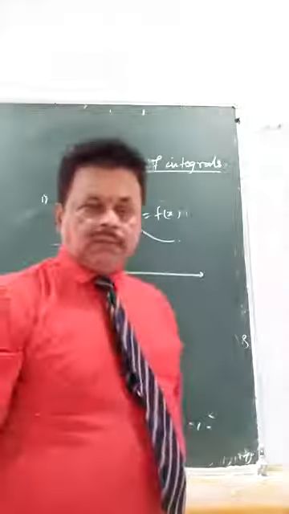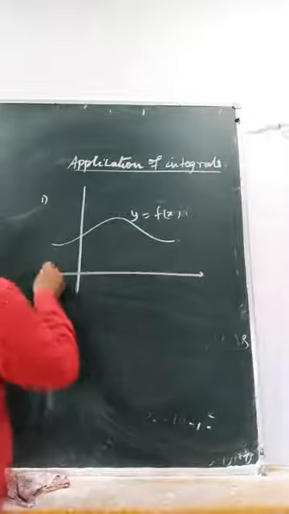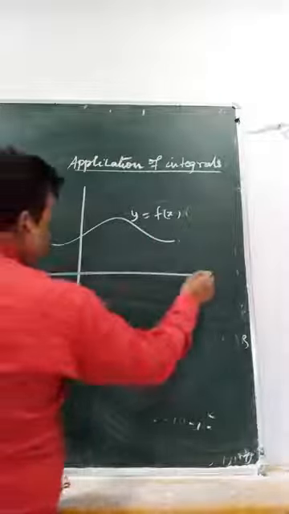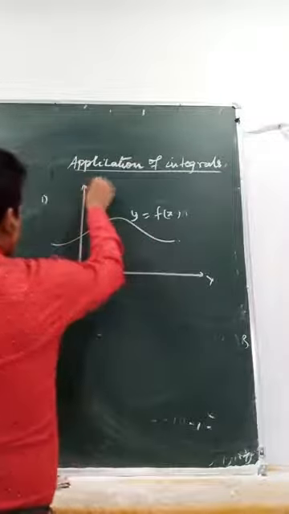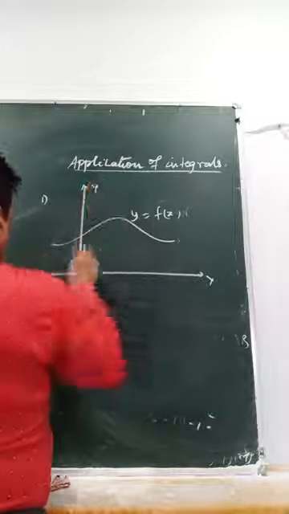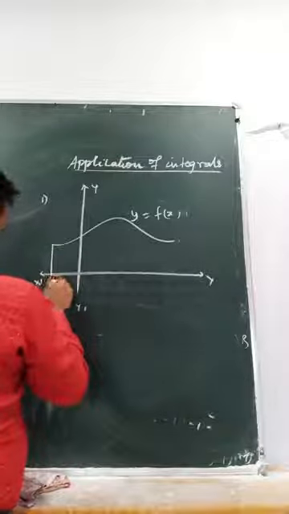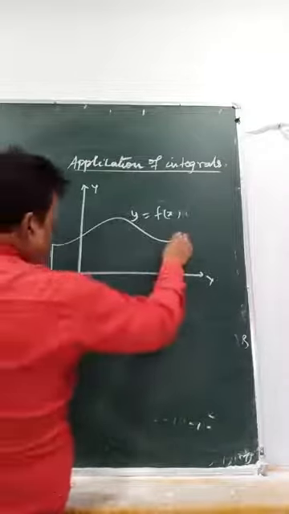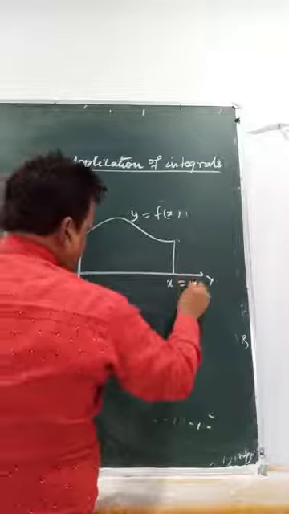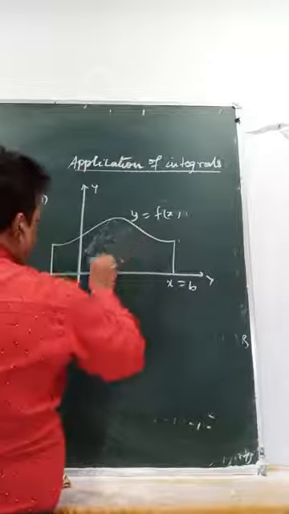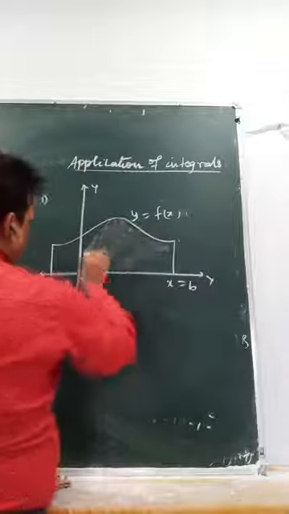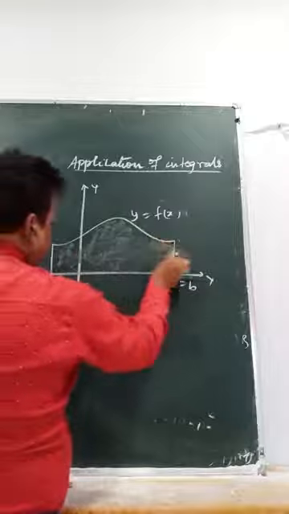This is closed with x-axis. Then suppose it is closed towards x equals to a, x equals to b. Means you are asked to find the area of this small region.